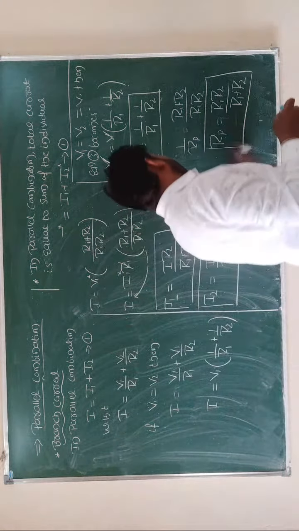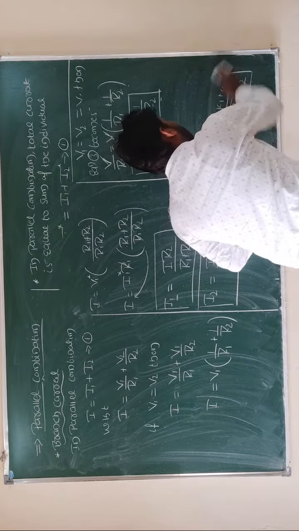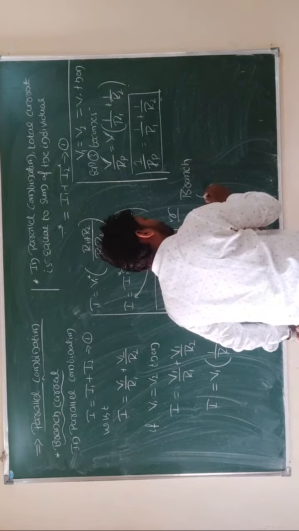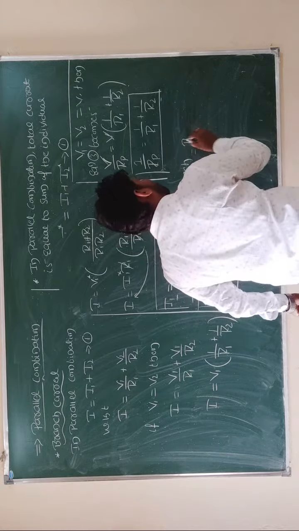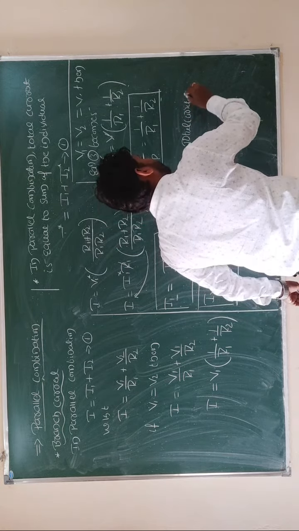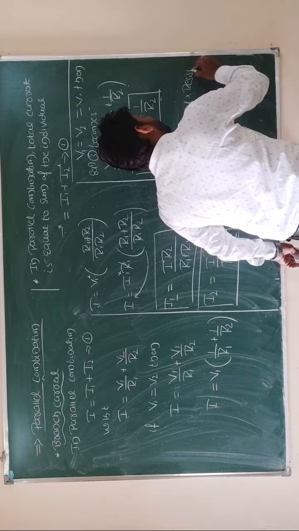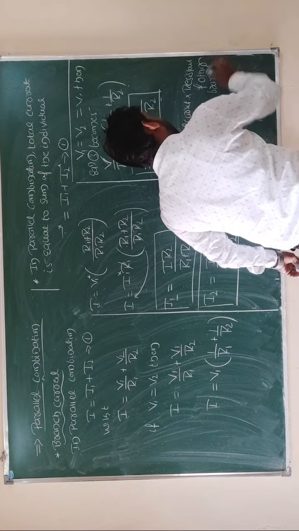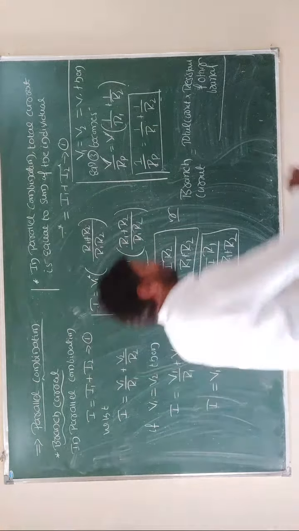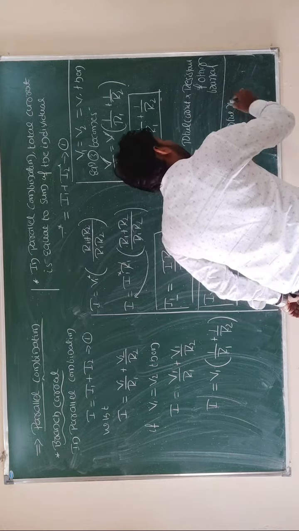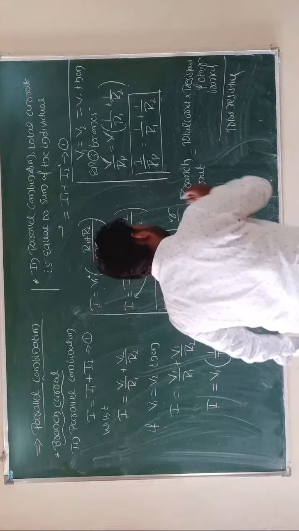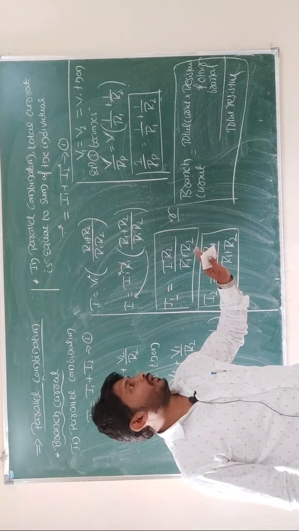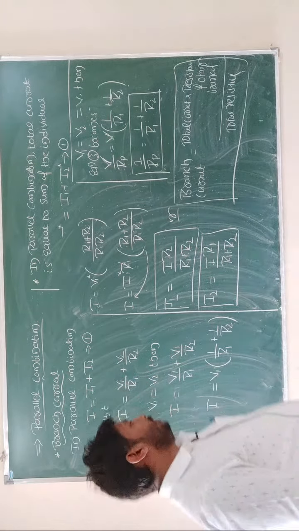So the generalized formula: branch current is equal to total current into resistance of the other branch divided by total resistance.